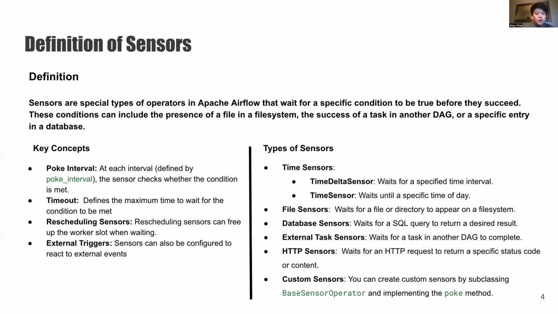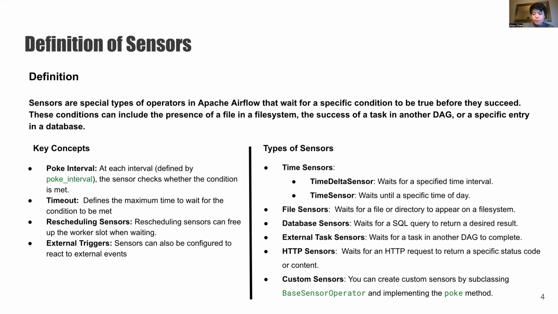Next, rescheduling sensors. This was introduced in Airflow 2.0. Rescheduling sensors can free up the worker's slot while waiting.